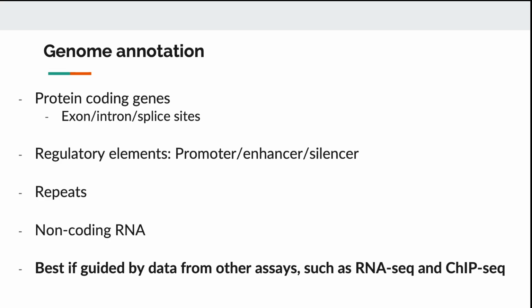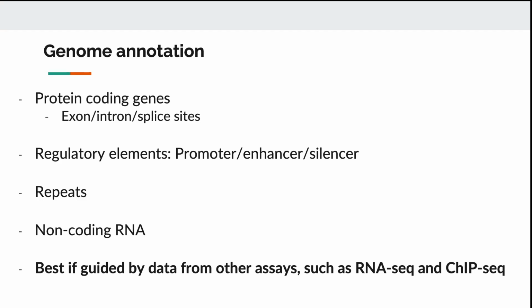So just to expand, like we saw the example of the structure for the gene and regulatory elements, but people also try to do annotation for other things like non-coding RNA or other repeats as well. And I want to remind you before we go into the algorithm section that these annotations are best guided by data from other experiments.